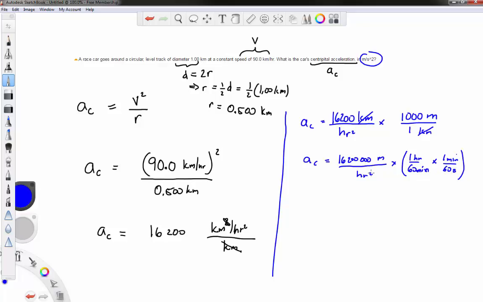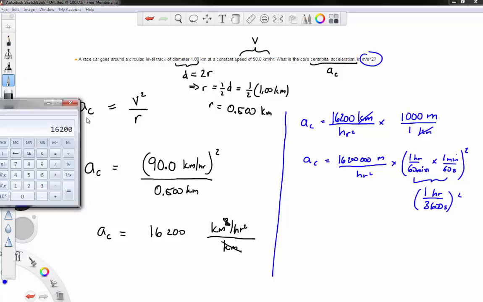And if you notice, this hours is squared, so all of this has to be squared because we have to do this twice, once for each of these hours. So by the way, 60 times 60 is 3,600. So you have 1 hour is equal to 3,600 seconds, and you've got to square that.